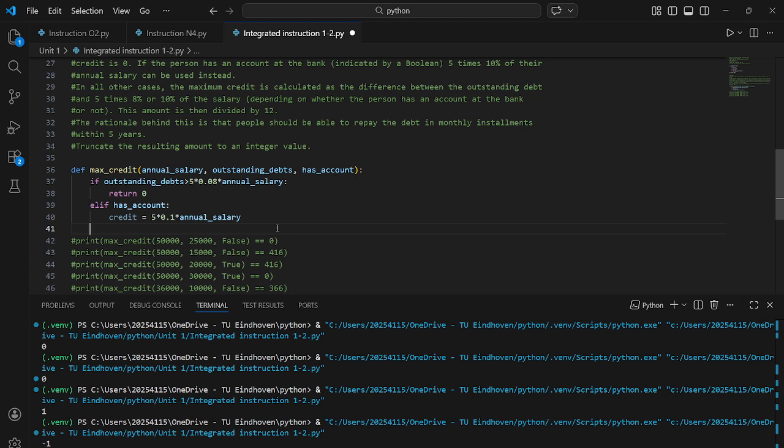Okay. Then we have, in all other cases, the maximum credit is calculated as the difference between the outstanding debt and 5 times 8 or 10% of the salary, depending on whether the person has an account in the bank or not.